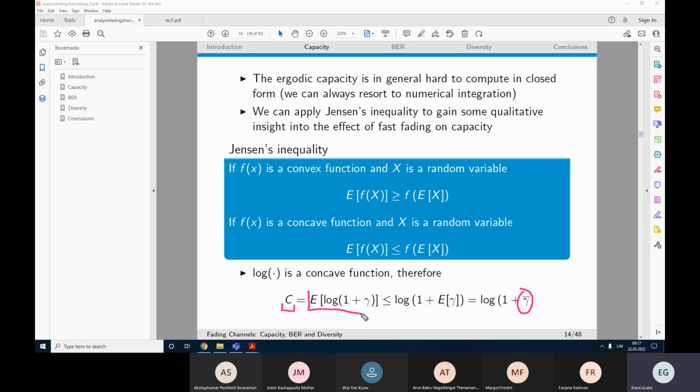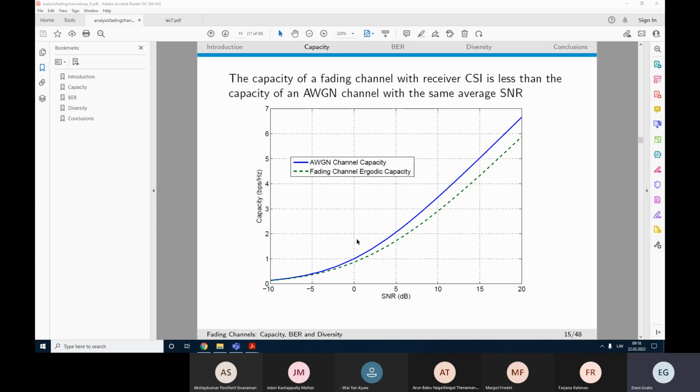Considering that we calculate this mathematical expectation for the Rayleigh process, it is roughly, at least we can say, not exceeding, but roughly the same as calculating the capacity for the average SNR, so capacity calculated for gamma average, the mathematical expectation. So that's how it's approximately calculated.